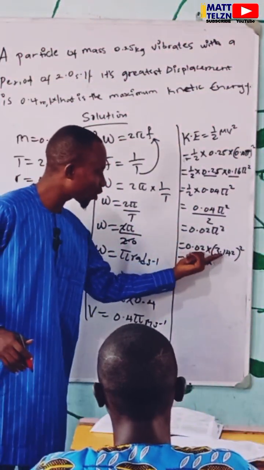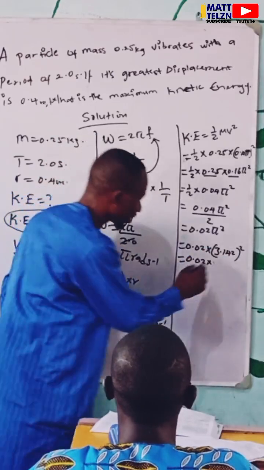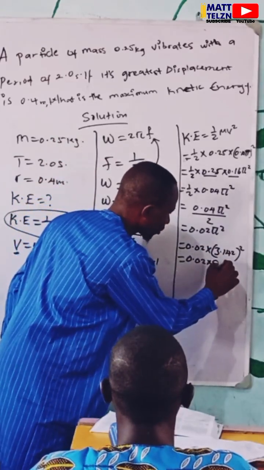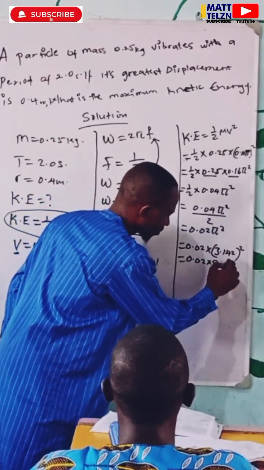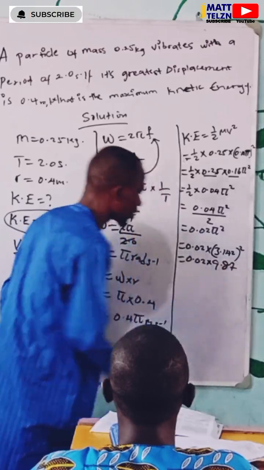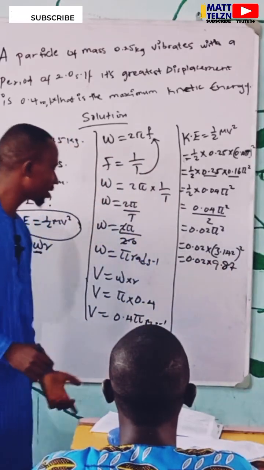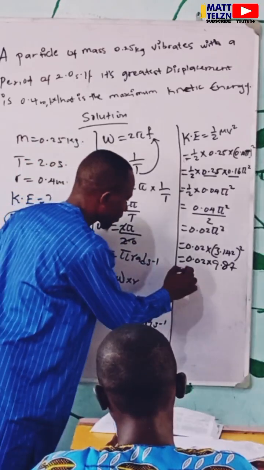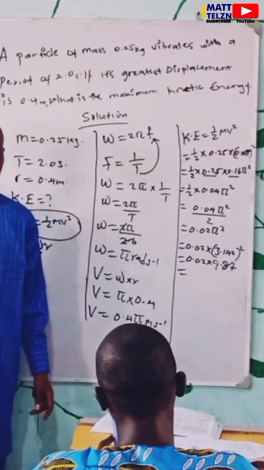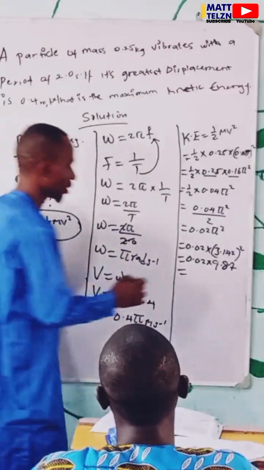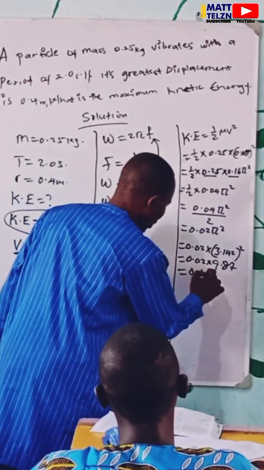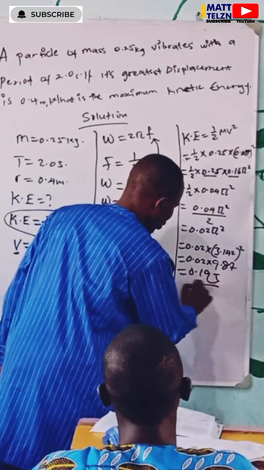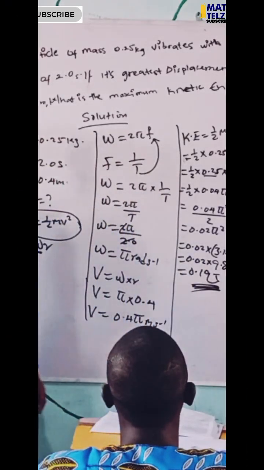The square of 3.142 is 9.87. Multiply this: 0.02 times 9.87. What do we have? 0.19 joules.